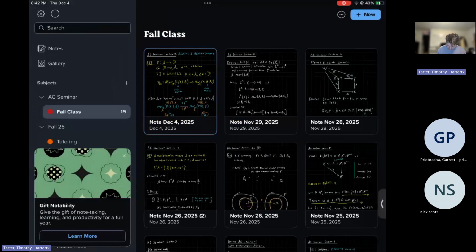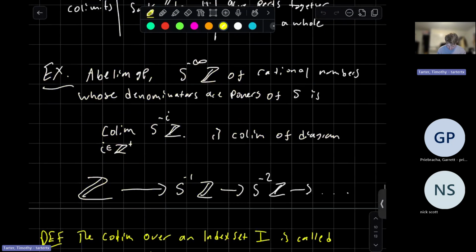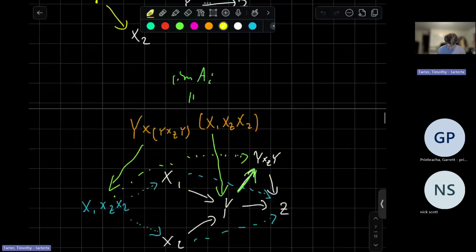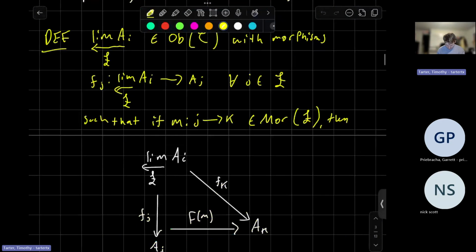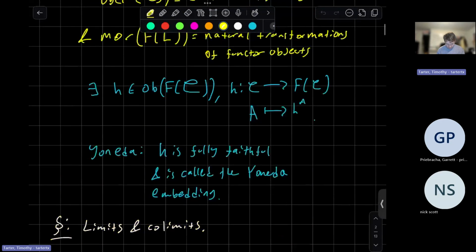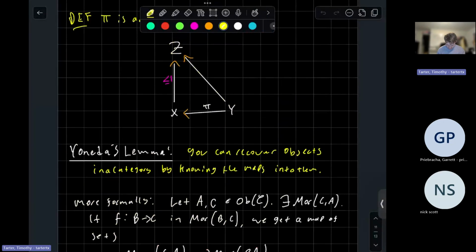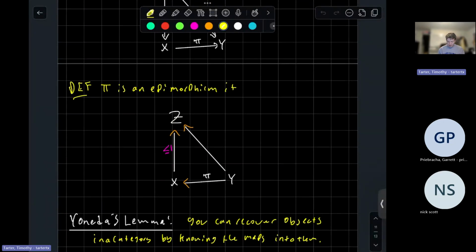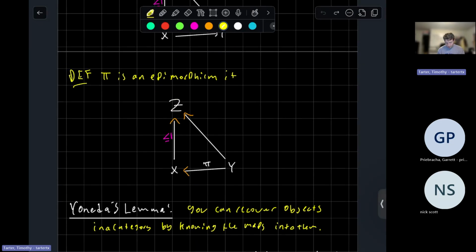Remember from the last seminar, where we talked about epimorphisms. So pi is an epimorphism from Y to X, so it's a contravariant functor from X to Y in the category of categories, or just arrow reversing. So Y to X through pi, an epimorphism, is the co-kernel of its kernel.